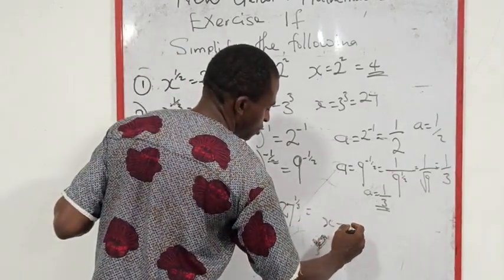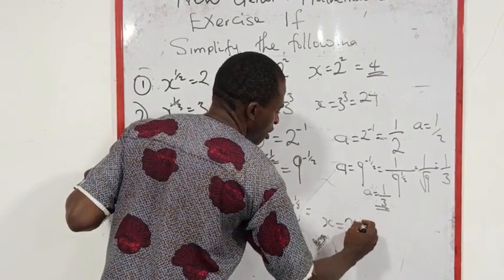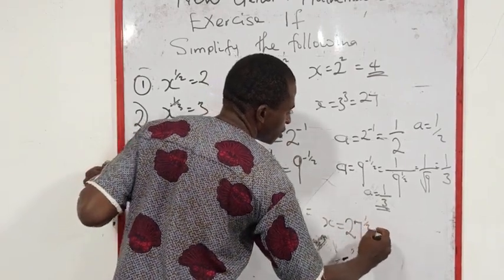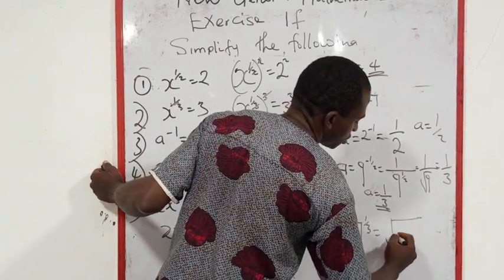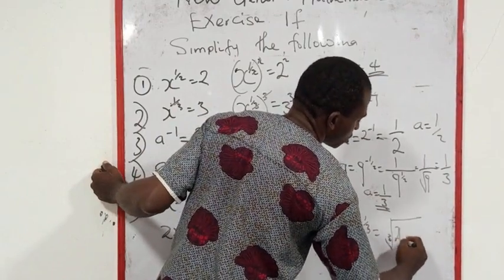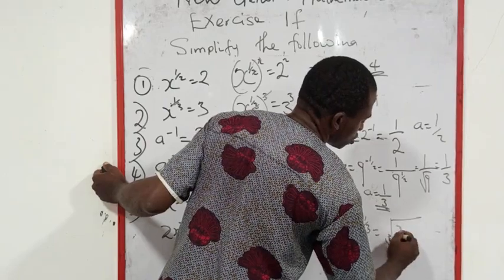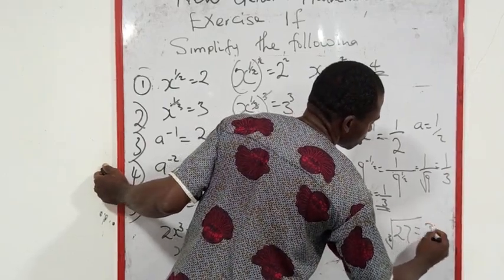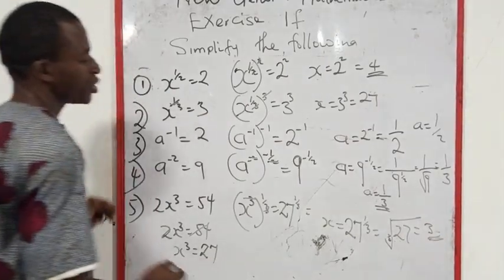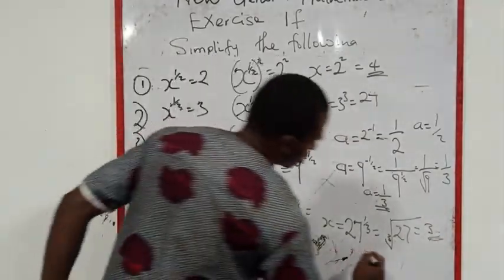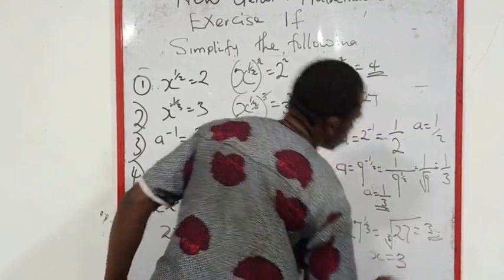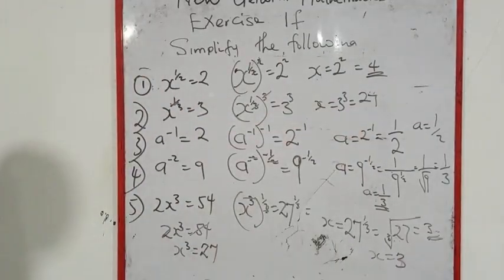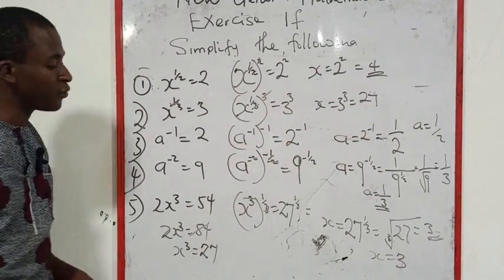So x becomes 27 raised to 1 over 3. Interpreting our laws of indices, we now have the cube root of 27, which will give us 3. So we can see that our x is equal to 3. That is exactly what we have.